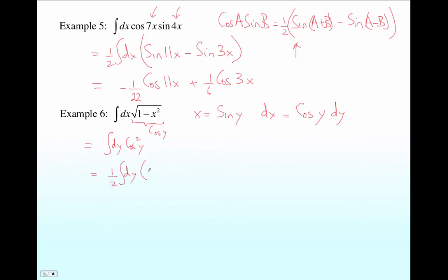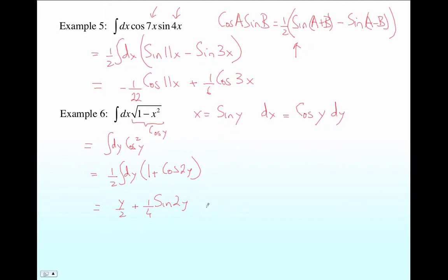So here we have 1 plus cos 2y. And now this is y over 2. And from here we'll get plus 1/4 sine of 2y.